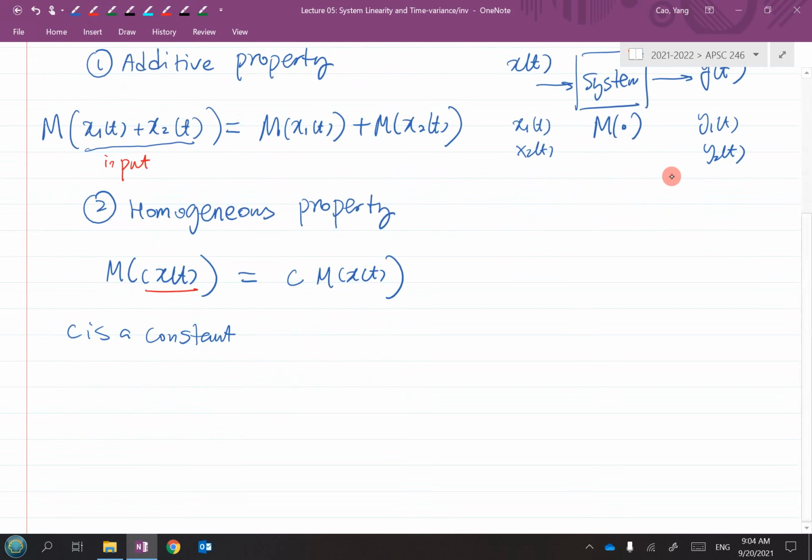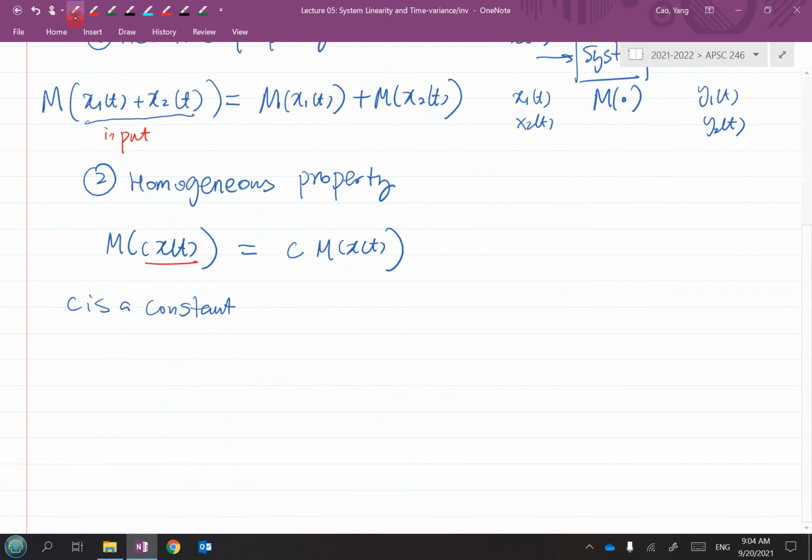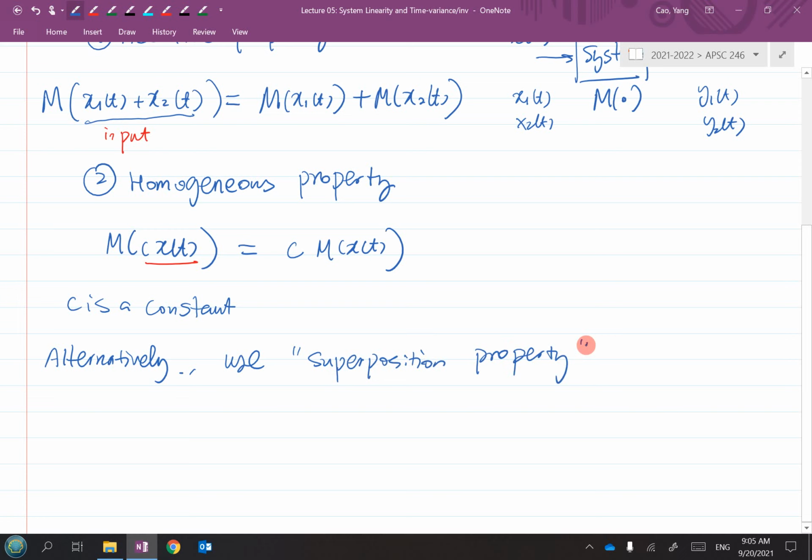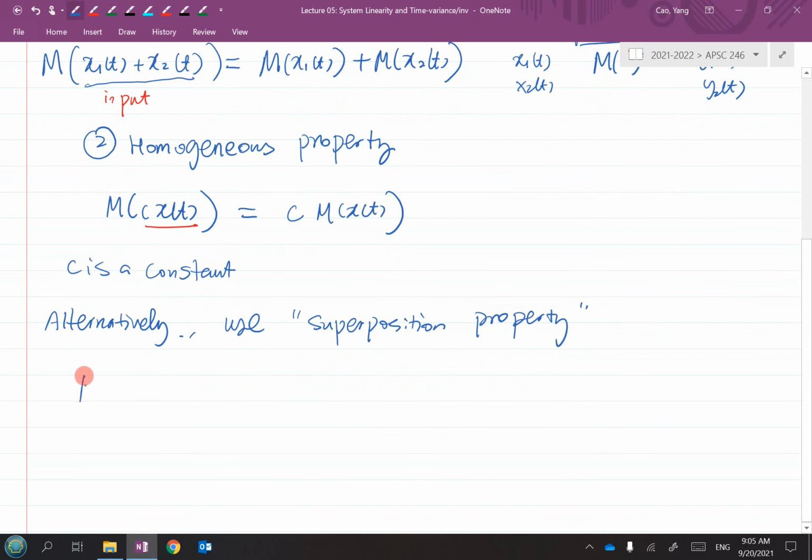We also introduced a single property which is a combination of the additive and the homogeneous property, which is what we call the superposition property. Alternatively, you can use this so-called superposition property, which is a combination of the above two properties.